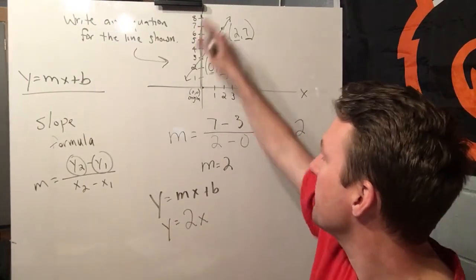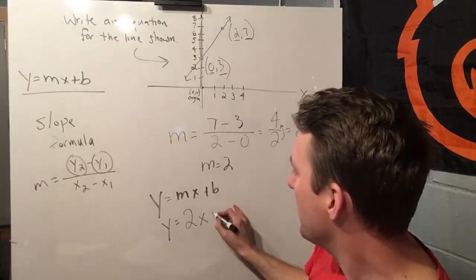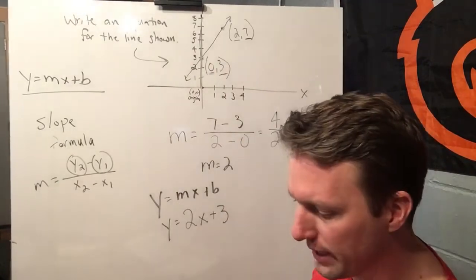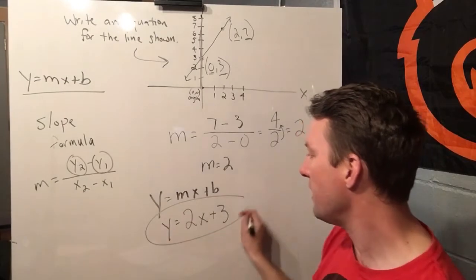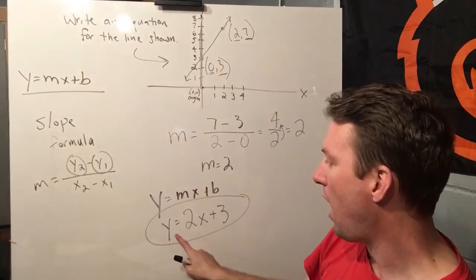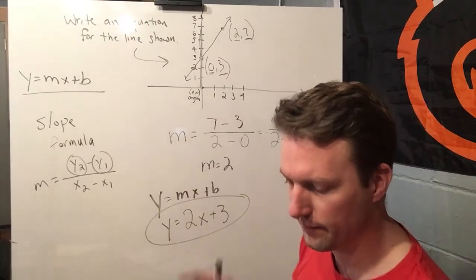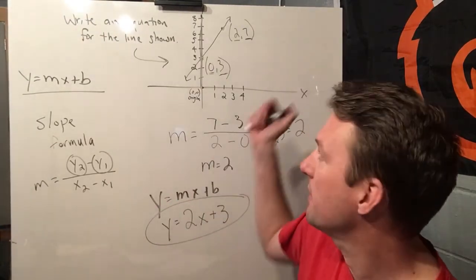X stays the same because that's going to be a point on our coordinates. And the y-intercept, where it crosses the y-axis, would be 3. So the equation for this line would be right here. We just did it. Y equals 2x plus 3. Congratulations. You just wrote an equation for that line.